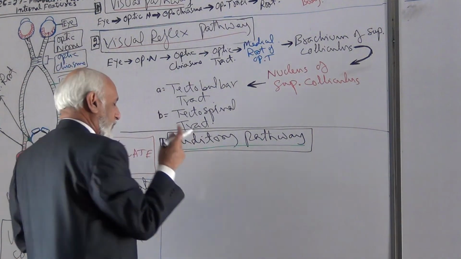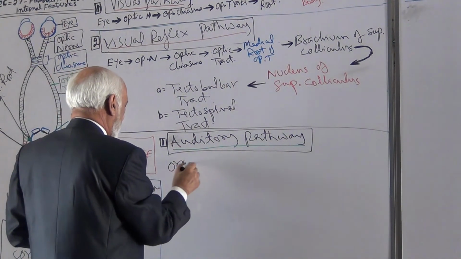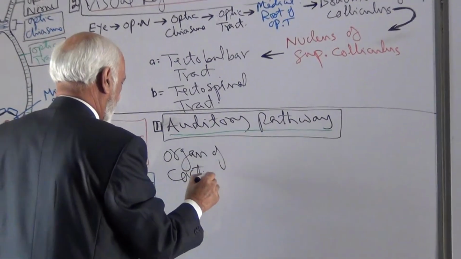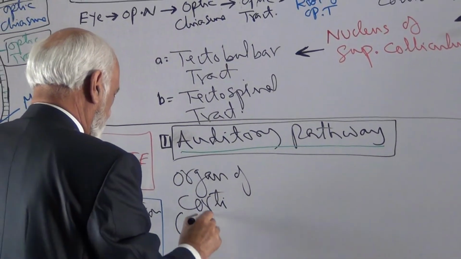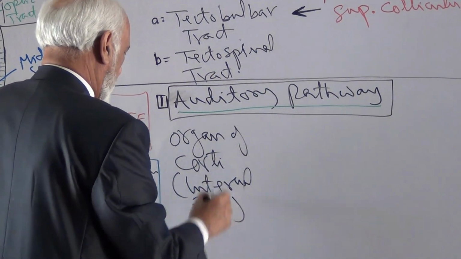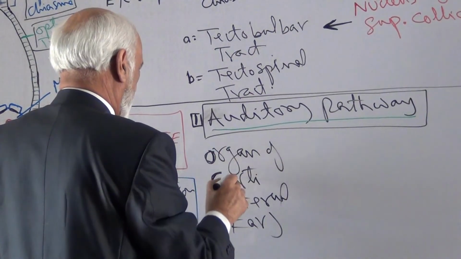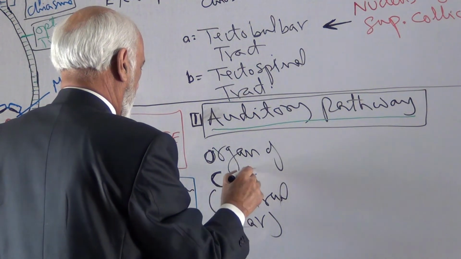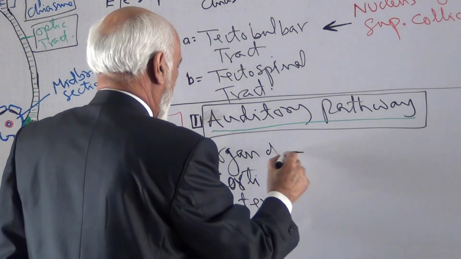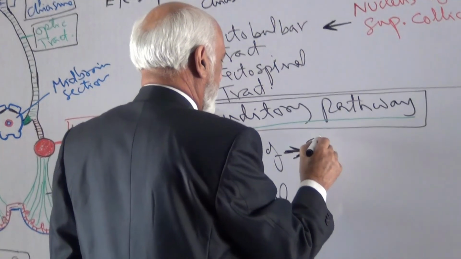First of all, from the internal ear, that is the organ of Corti, the cochlear nerve arises.